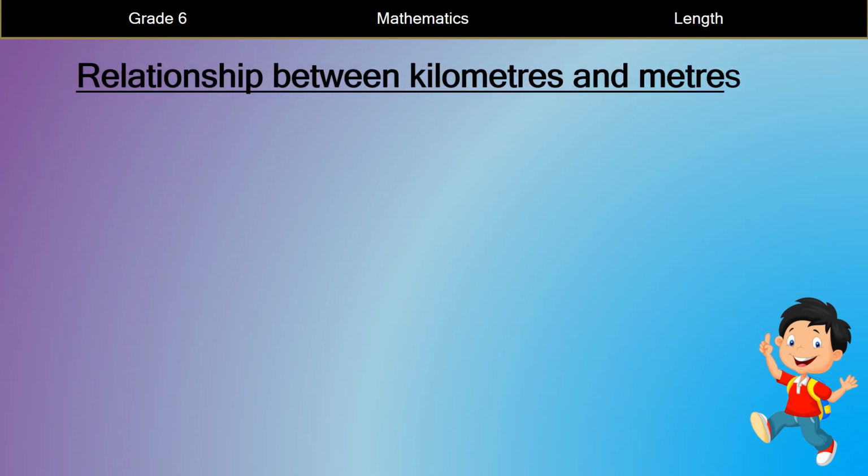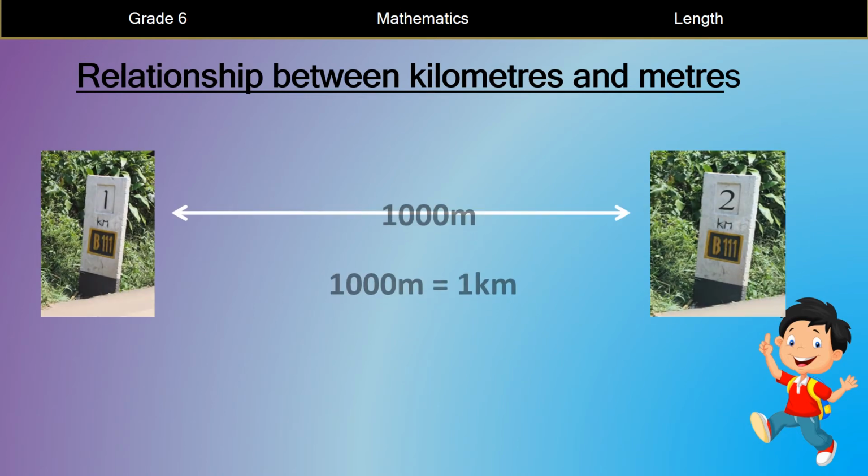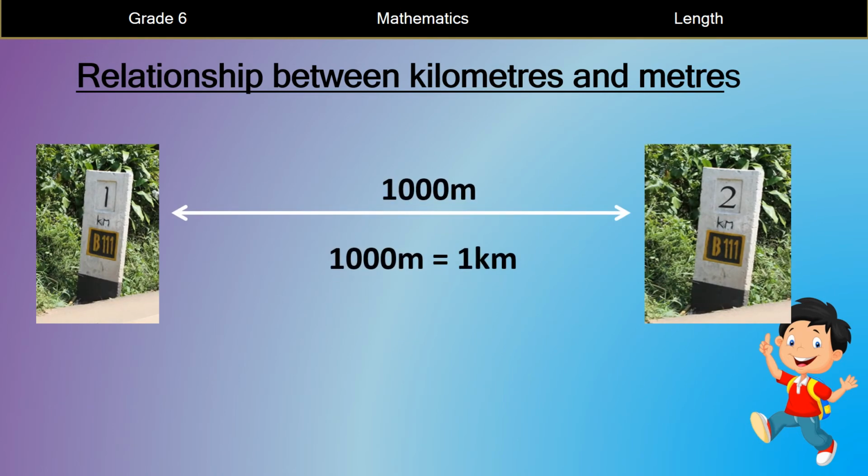Now let's identify the relationship between kilometers and meters. In these pictures, you can see 2 kilometer posts situated beside the road. Here, the 1 kilometer post and the 2 kilometer post appear.